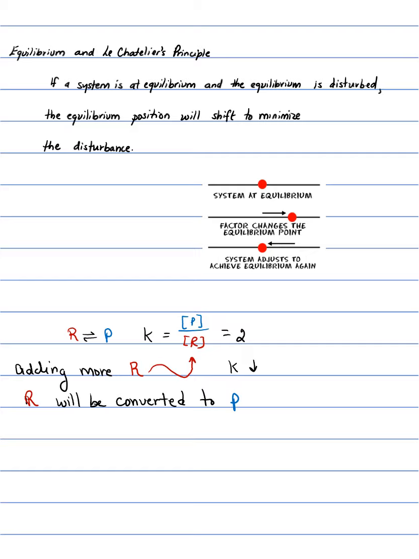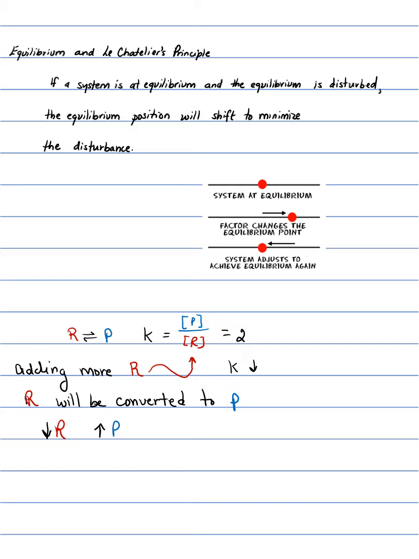If that amount of reactant is being used up, you're forming more product. So how is that going to affect your equilibrium constant? Again, the concentration of your reactant will now be decreasing because it's being used up, while the concentration of the product is going to be increasing. So the reactant that is being added is actually being used up, forming more of the product.